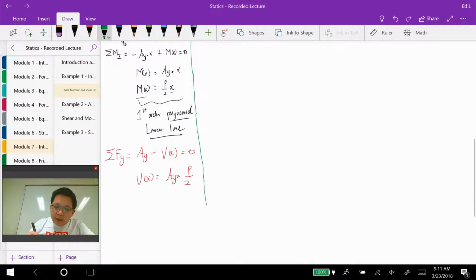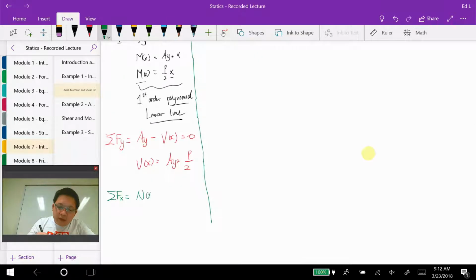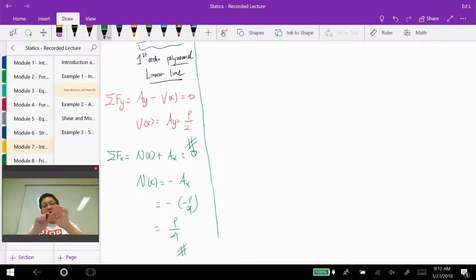Then when I do the sum of forces in the x, I have N of x in here and Ax over here, so N of x plus Ax equal to 0, so my N of x is negative Ax, and negative Ax is P over 4. This indicates that N of x in the first range is also a constant function with a magnitude of P over 4.